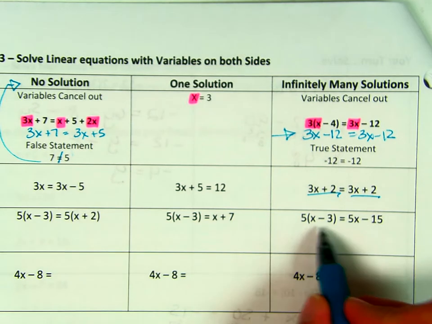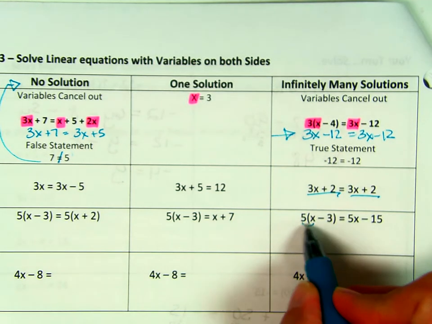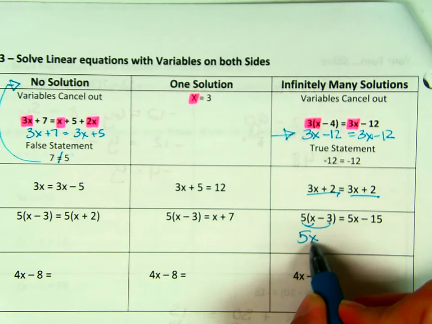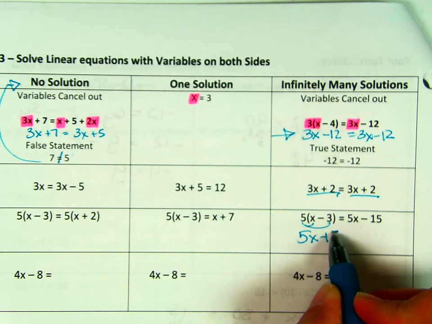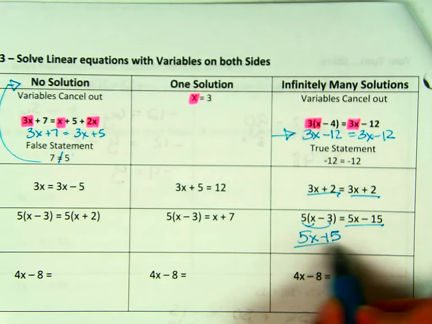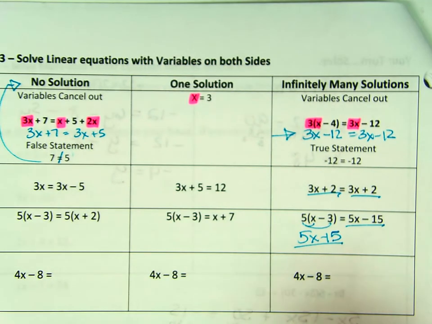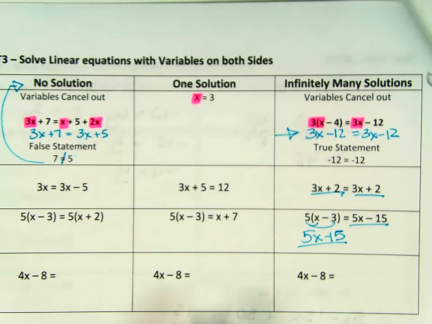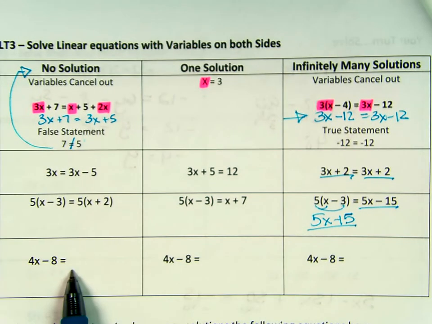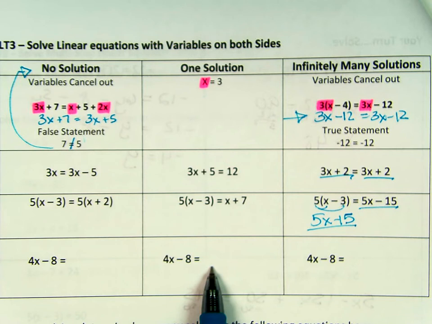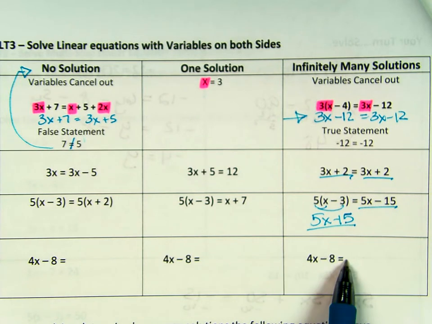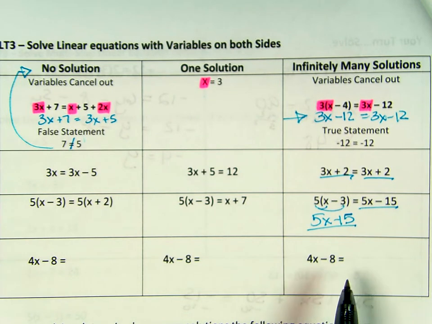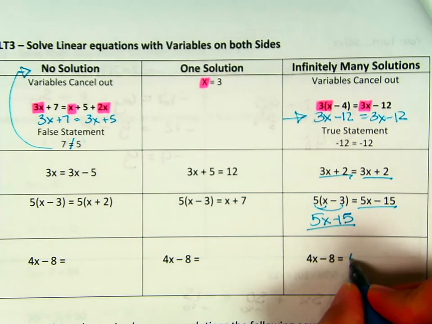Now, it doesn't always look exactly the same, right? We might have to distribute to notice that it's exactly the same. So what would you write here to show that this equation was no solution, one solution, or infinitely many solutions? Well, infinitely many is going to be exactly the same.